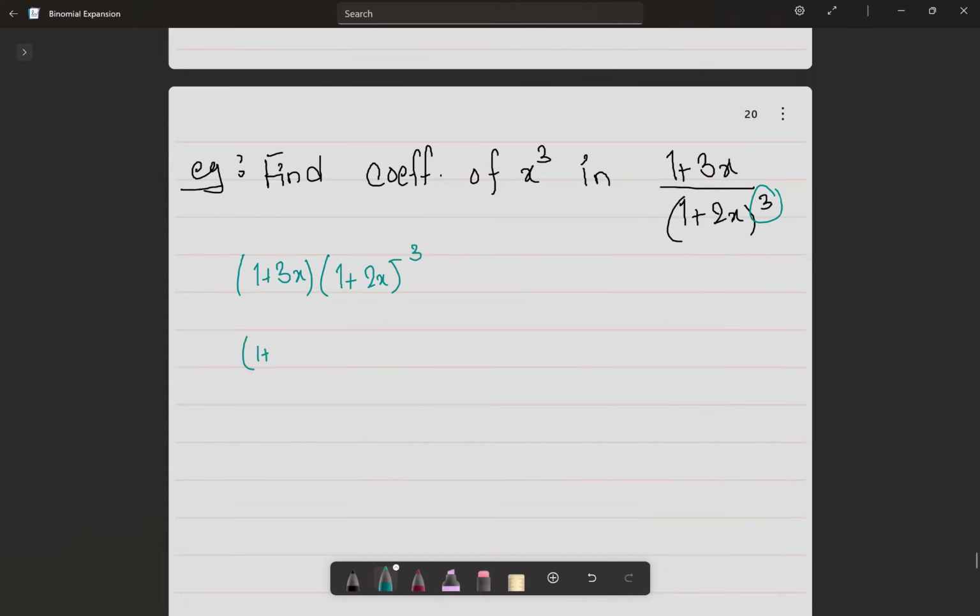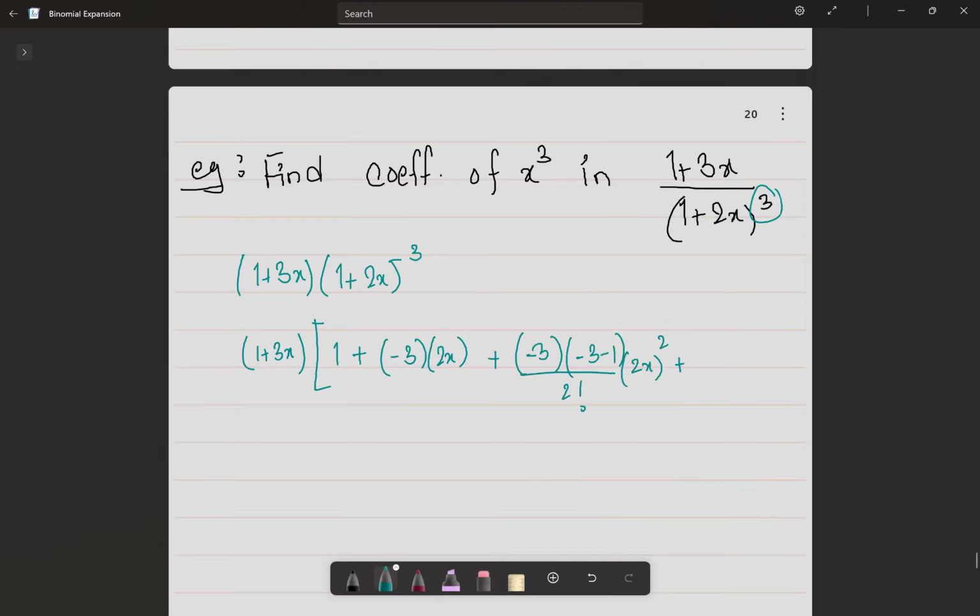So for 1 plus 3x, it will stay as it is. There is no power over it. So that is not a headache for us. And for 1 plus 2x to the power of minus 3, we will apply the factorial formula. So when we apply it, what do we get? We get 1 plus nx. And then we have n minus 1 divided by 2 factorial into x square.